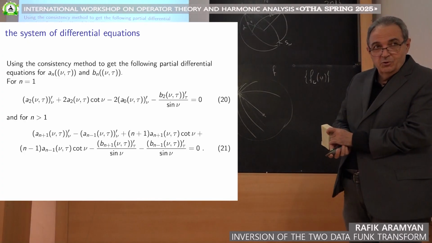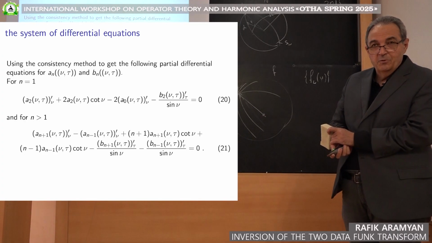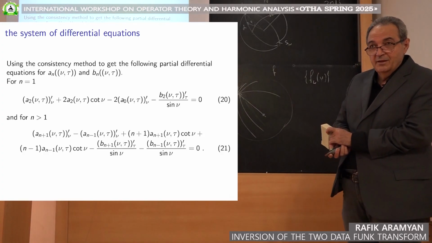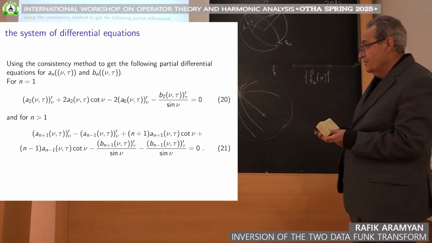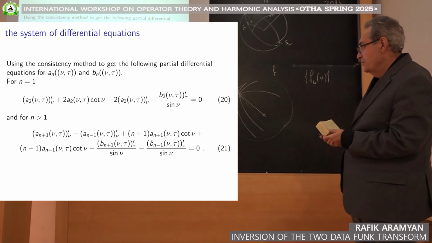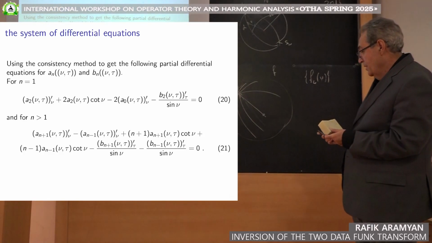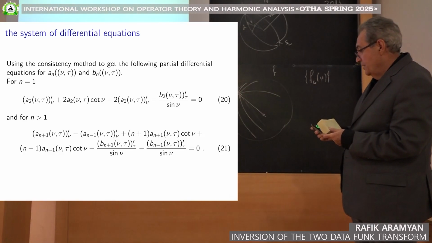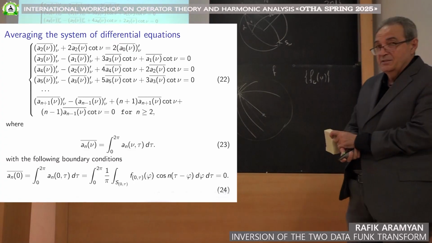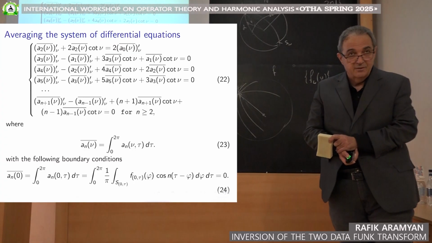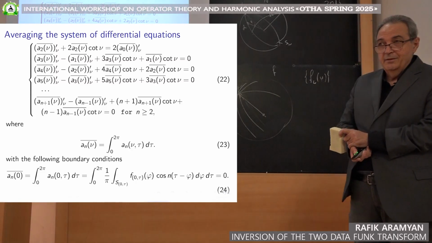We do not need to solve this equation because our aim is to calculate the average of coefficients. So one can integrate this equation with respect to the azimuthal angle tau, and finally we obtain a system of differential equations for average coefficients.